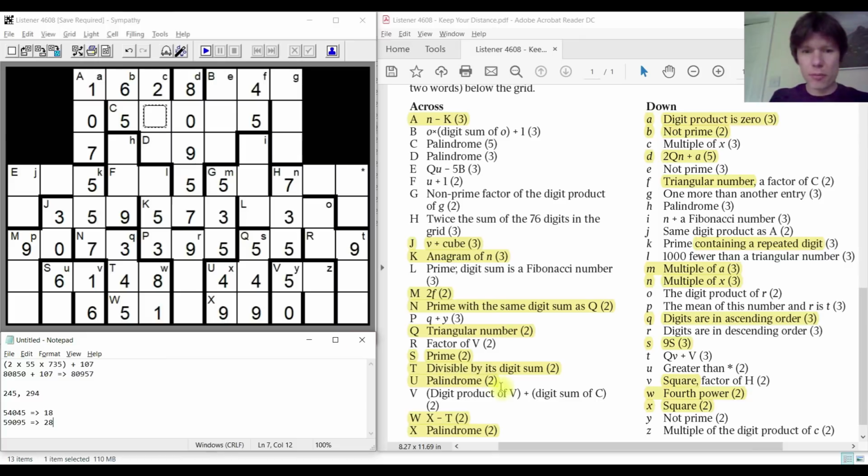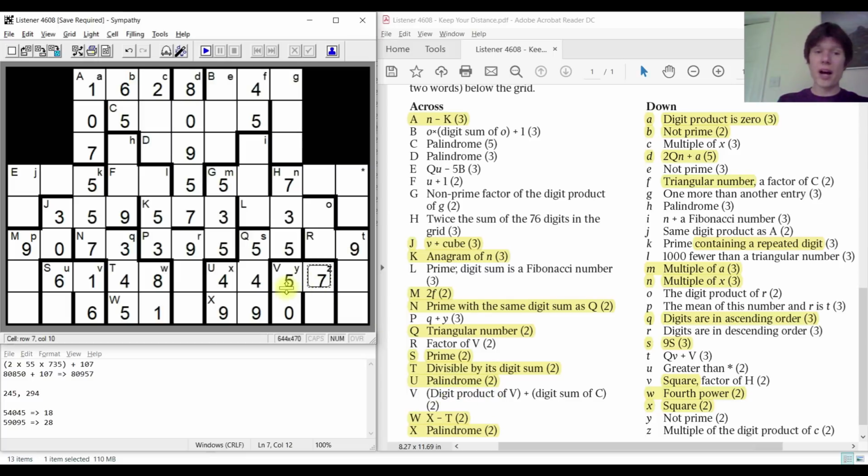And the digit sum is relevant because big V has a clue which is the digit product of itself plus the digit sum of C. Let's suppose that this cell here were a 7. Then the digit product of V will be 5 times 7, which is 35. And the digit sum of C, in that case, would be either 18 or 28. And neither of those added to 35 gives you 57.